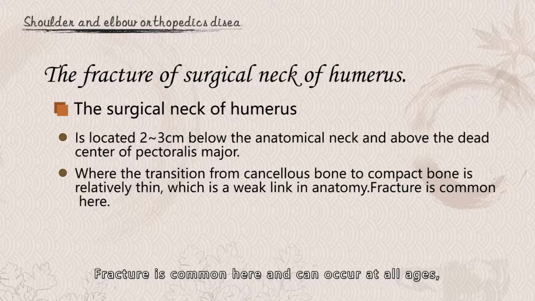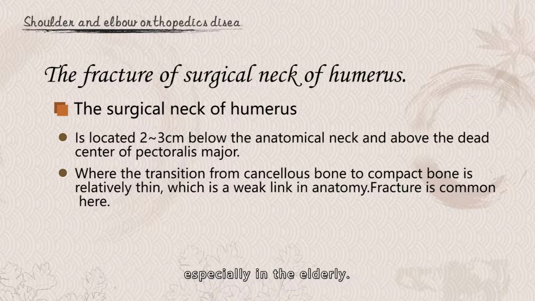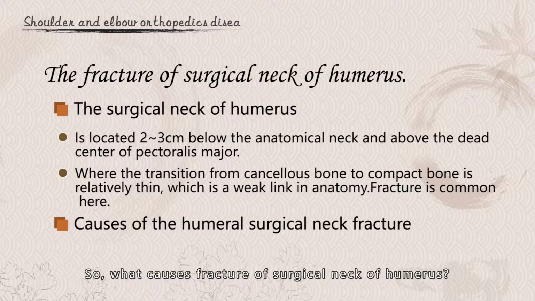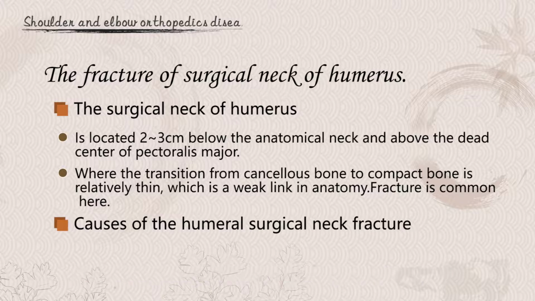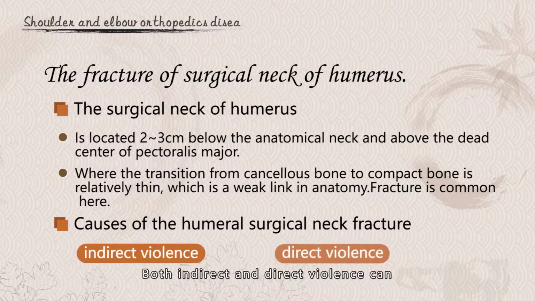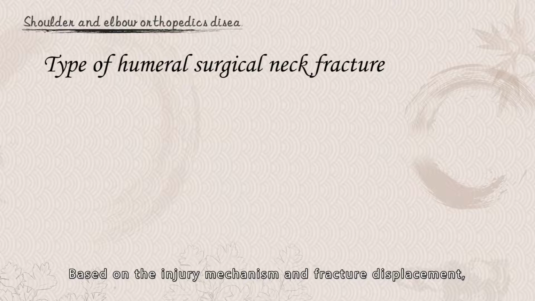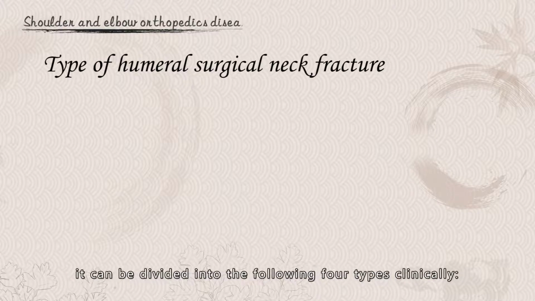Fracture is common here and can occur at all ages, especially in the elderly. So, what causes fracture of surgical neck of humerus? Both indirect and direct violence can cause it. Based on the injury mechanism and fracture displacement, it can be divided into the following 4 types clinically.